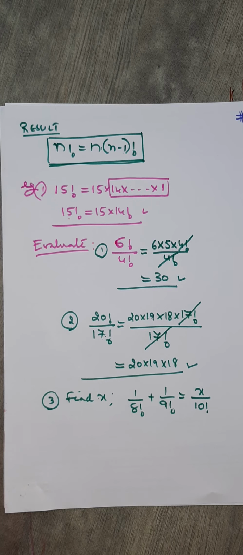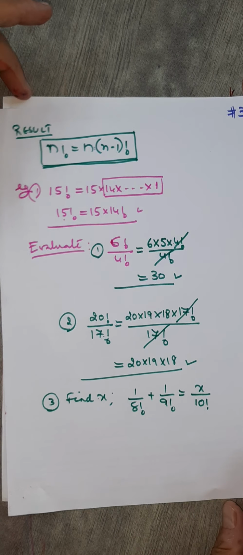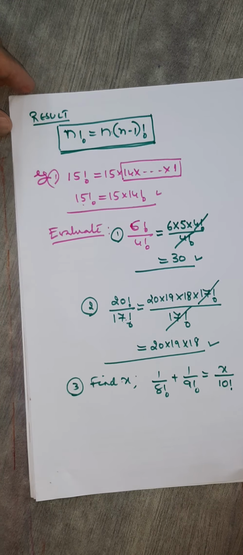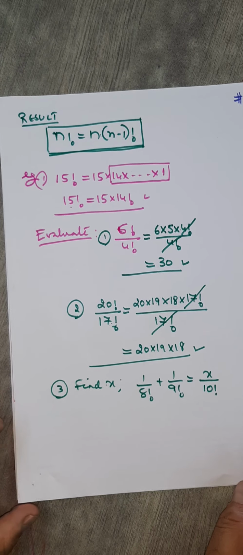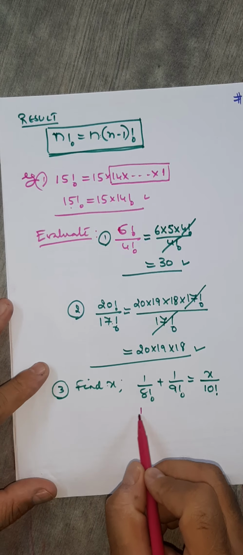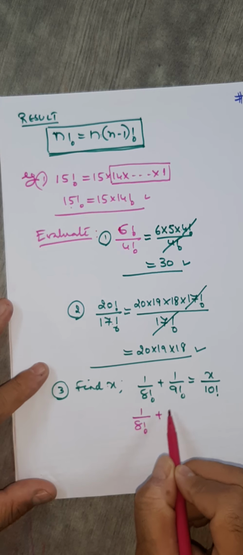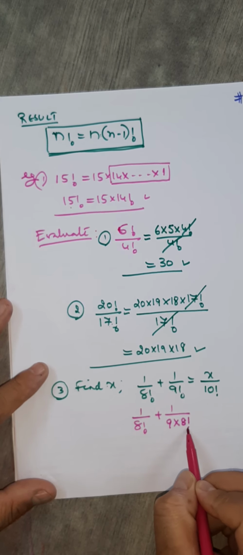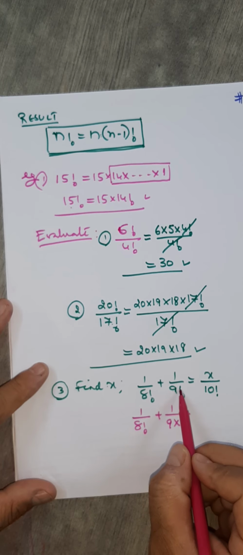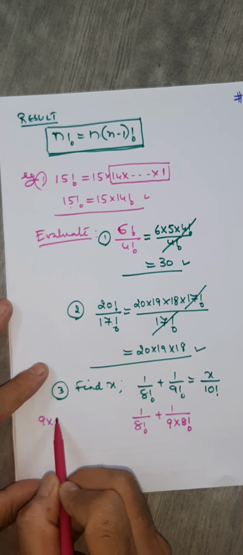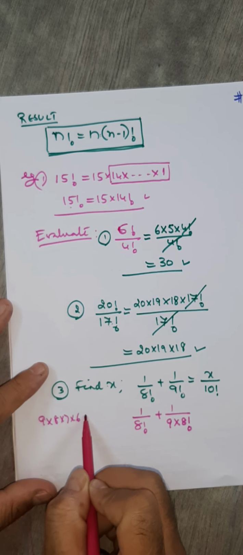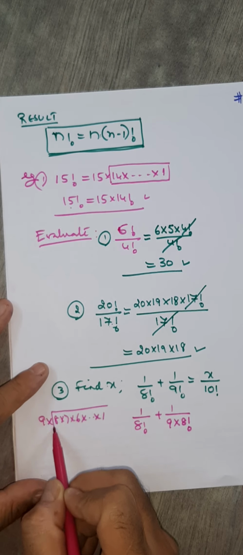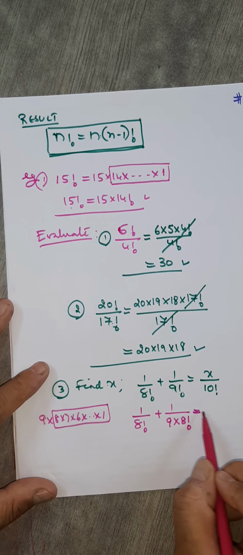So what we do, we write each one in terms of a smaller factorial. Here 1 upon 8 factorial as it is. Here, 9 factorial is 9 into the smaller one, 8 factorial. Again I'm emphasizing, 8 into 7 into 6 till 1, and this is 8 factorial.